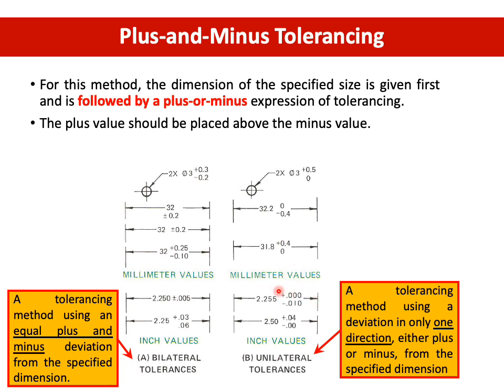Even if it's 0, you need to put positive for the maximum. The negative is still negative, negative 0.1. Also for the second example here, you can see that the negative value didn't change, but you still need to put this negative sign, this minus sign.